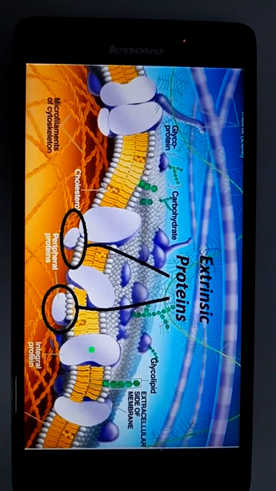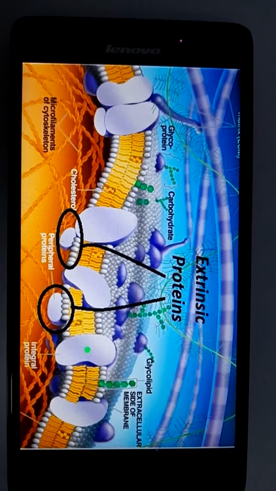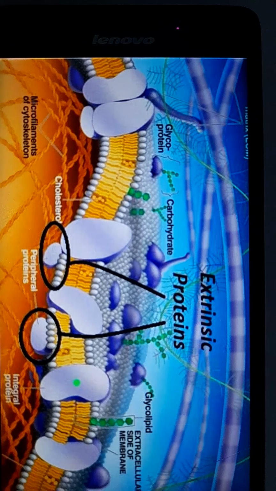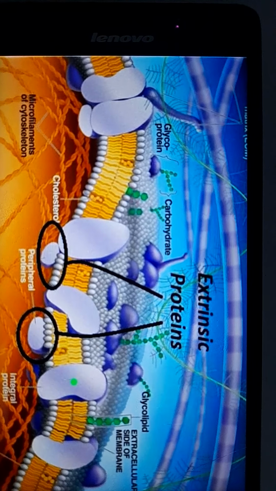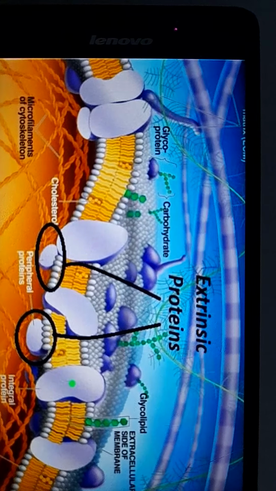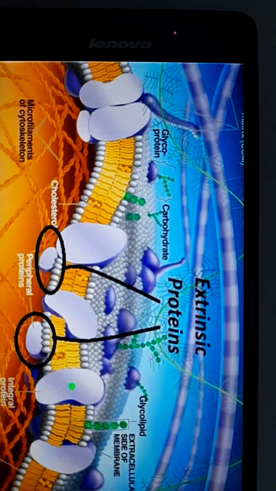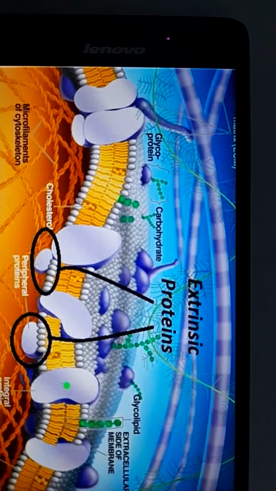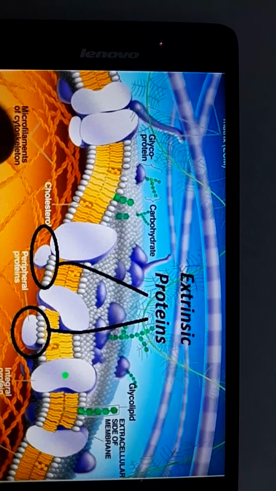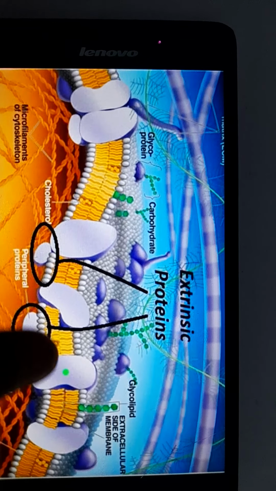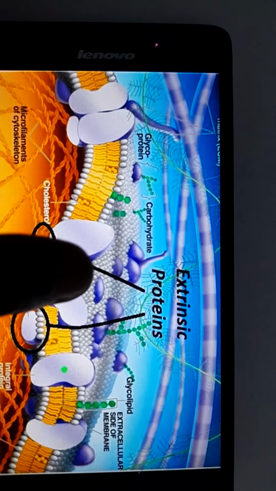That's why it is called amphipathic. Acidic lipid parts bind with the negatively charged protein parts. Because of lipids only, membranes are always continuous. Here the membrane is continuous because of lipid molecules only.